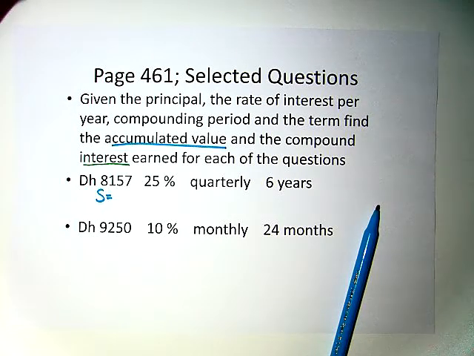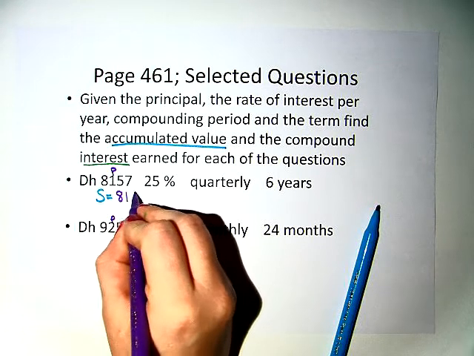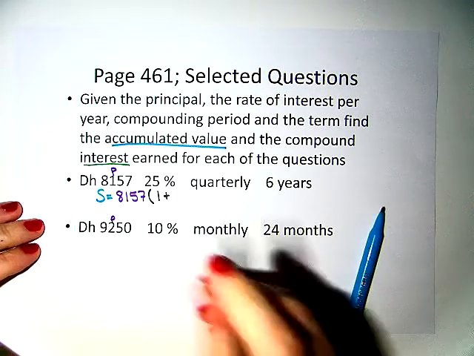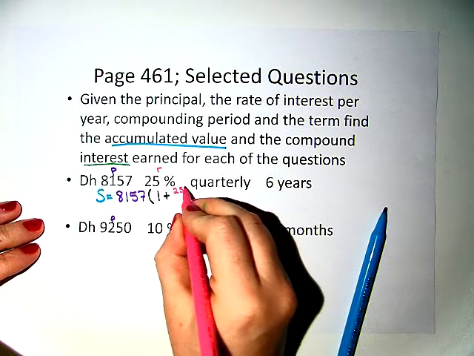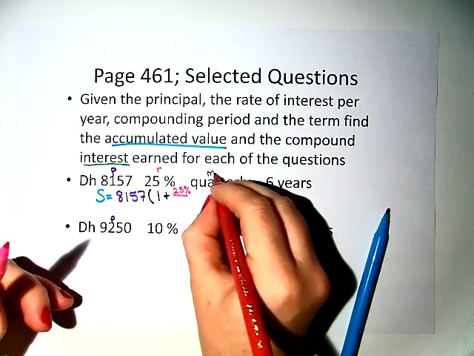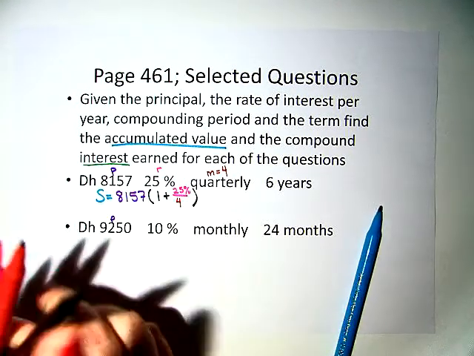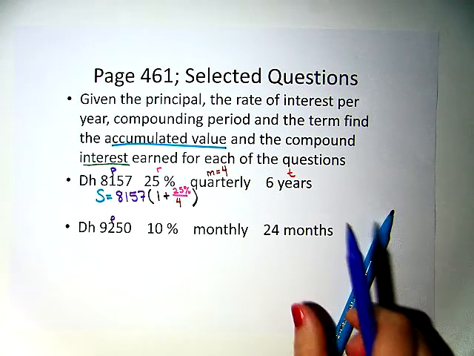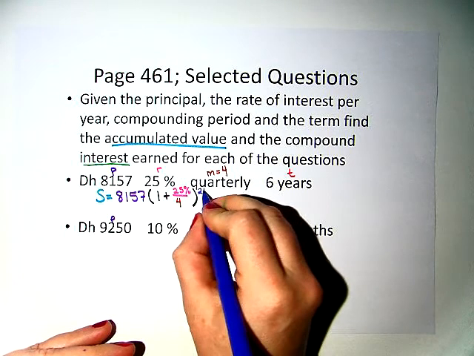So S equals our principal of 8157 multiplied by 1 plus, and this will be our rate, 25%, over quarterly. Quarterly means our M is 4 for 6 years. So our time is 6. And in order to figure out our N, we need to multiply M and T. So 4 times 6 is 24.